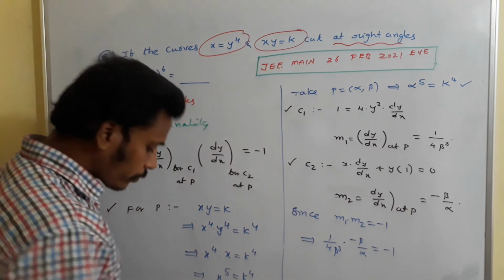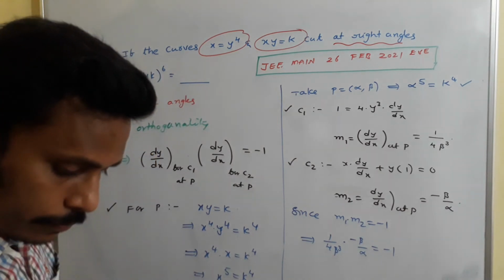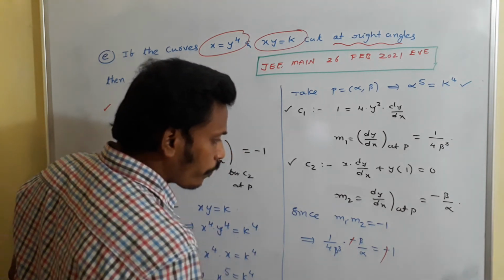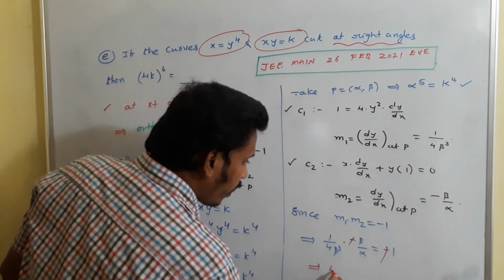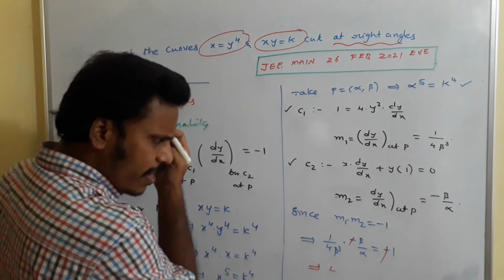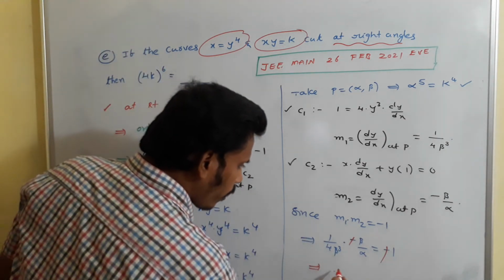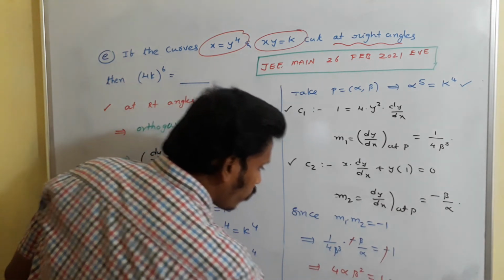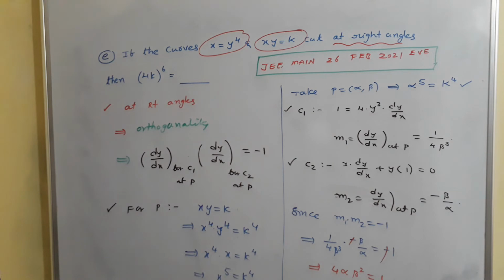You just remove the minus sign and cancel one beta also. So what we have from there is 4 beta square alpha, 4 alpha beta square is equals to 1. That's the relation: 4 alpha beta square is equals to 1.